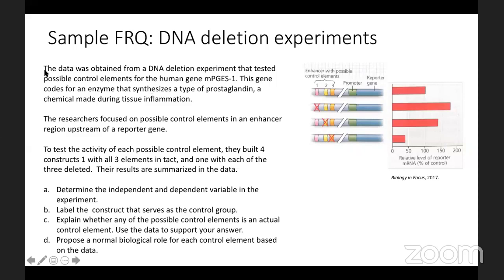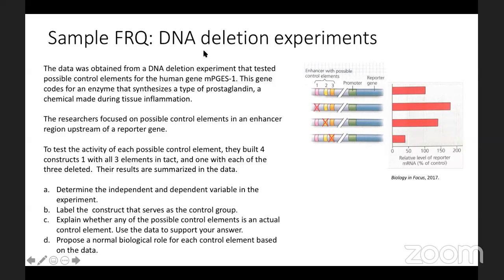So it says the data was obtained from a DNA deletion experiment that tested possible control elements for the human gene MPGES1. This gene codes for an enzyme that synthesizes a type of prostaglandin, a chemical made during tissue inflammation.